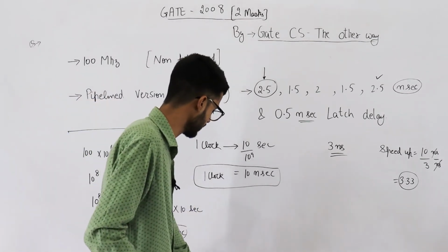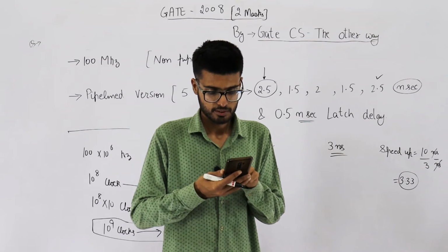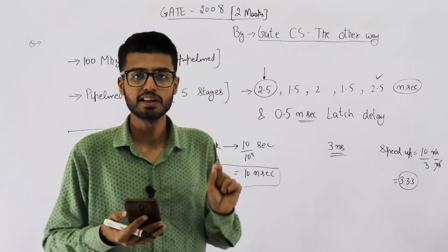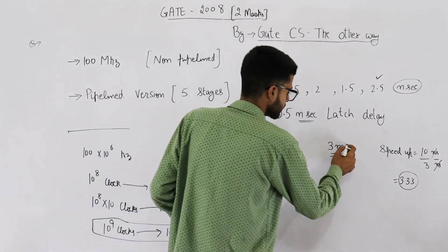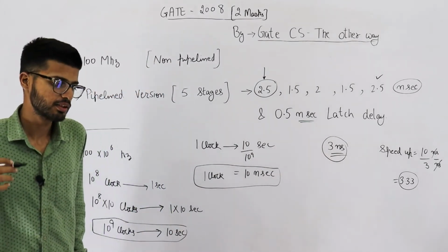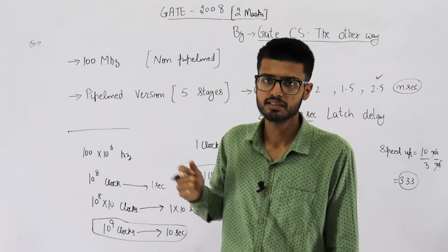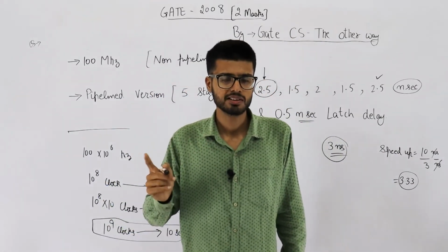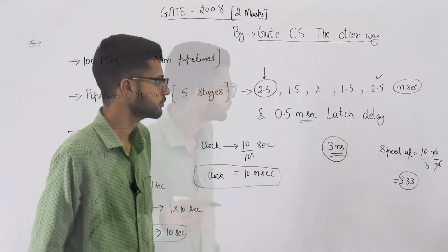It's because of the line: for a very large number of instructions. That's why we can easily consider 3 nanoseconds to be the amount of time required for one instruction, because for very large instructions, we can assume the CPI to be 1. Clocks per instruction is 1. And one clock here takes 3 nanoseconds.